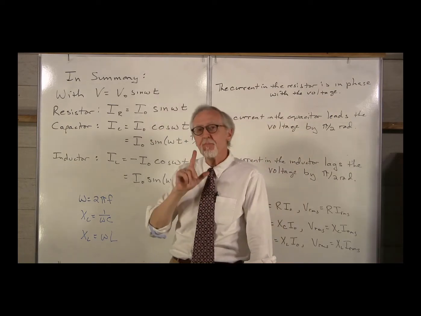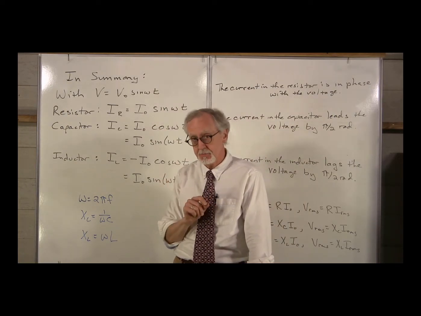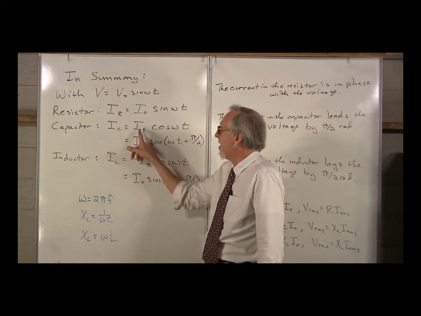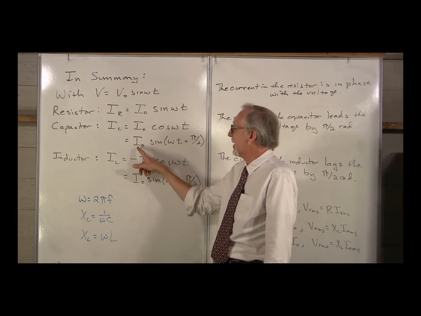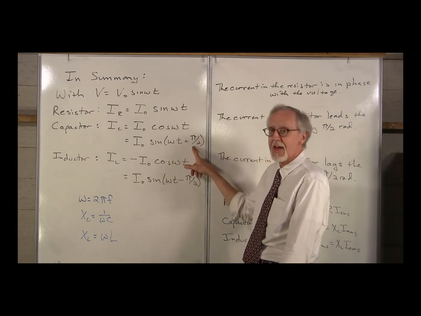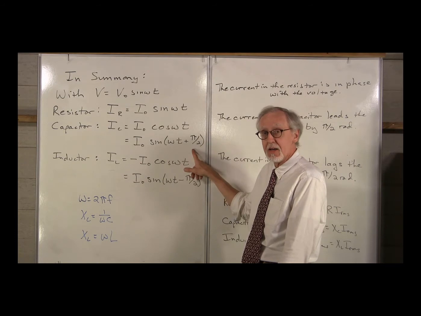If we have a capacitor all by itself connected to the power supply, we found that the current in the capacitor had the form of I naught cos omega t, which we could also write as I naught sine omega t plus pi over 2, because we saw that the current led the voltage by pi over 2.